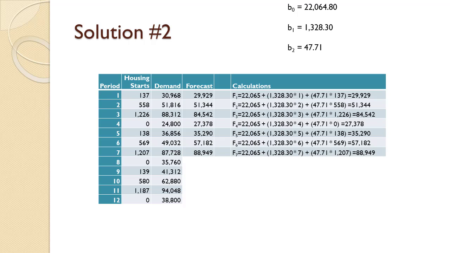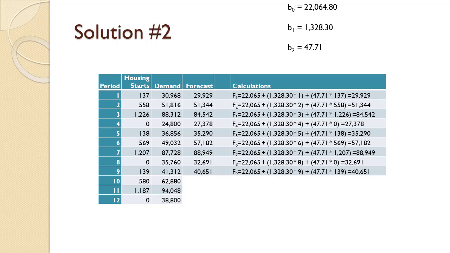F7 equals 22,064.8 plus 1,328.3 times 7 plus 47.71 times 1,207 equals 88,949. F8 equals 22,064.8 plus 1,328.3 times 8 plus 47.71 times 0 equals 32,691. F9 equals 22,064.8 plus 1,328.3 times 9 plus 47.71 times 139 equals 40,651.